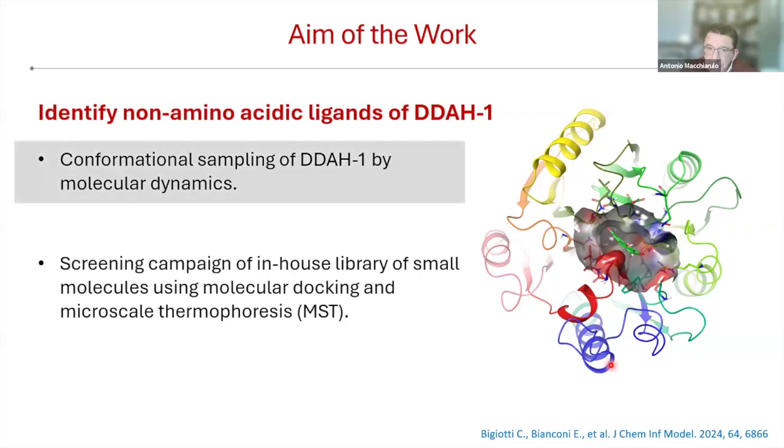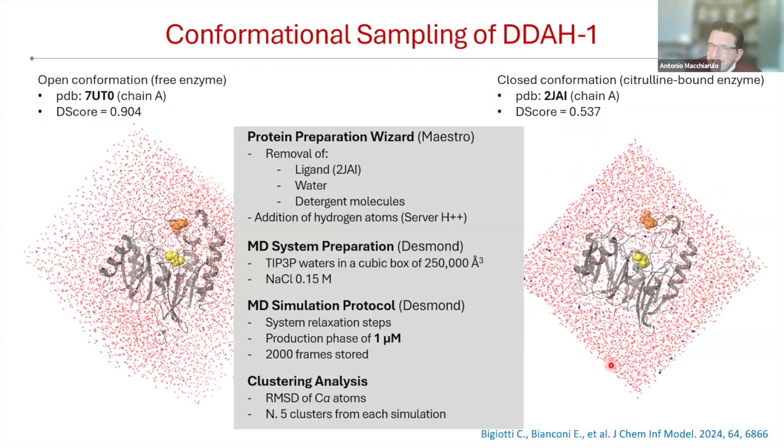Concerning the first part, we selected two different conformations from the PDB: an open conformation of DDAH1 bearing a catalytic site with a drug score of 0.9, and the closed conformation of DDAH1 in complex with citrulline, in which the catalytic site featured a drug score of 0.5. Then we removed ligands, water, and detergent molecules.